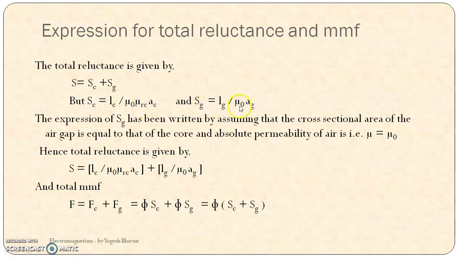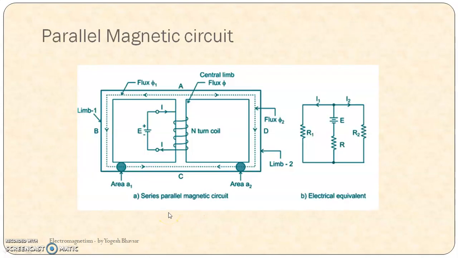Here mu r is not there because for free space or air, mu r value will be 1, right? So that's fine. So the total reluctance is nothing but the addition of these two reluctances, and total mmf will have this formula, which is similar to what we derived for the previous circuit.